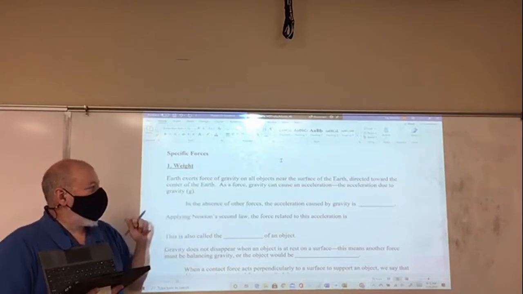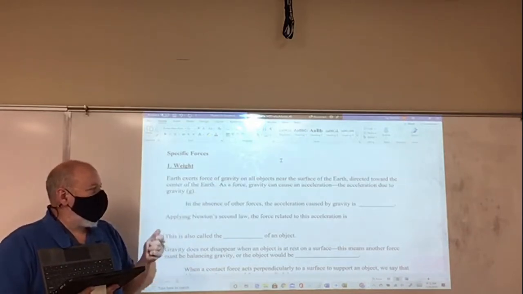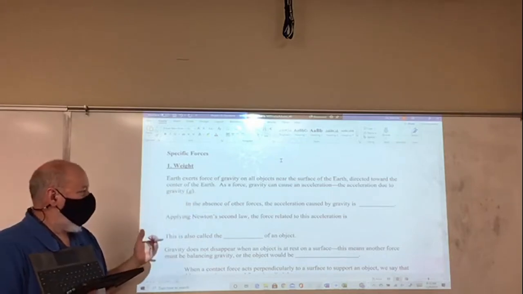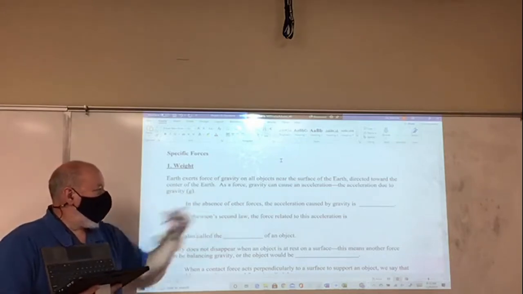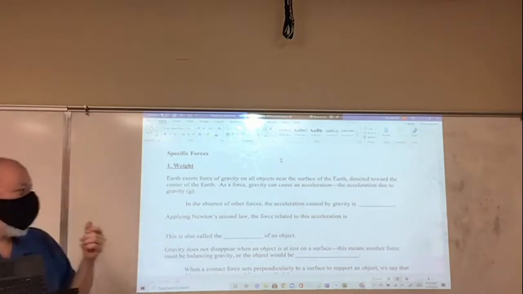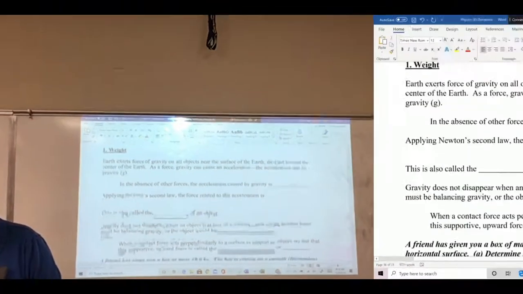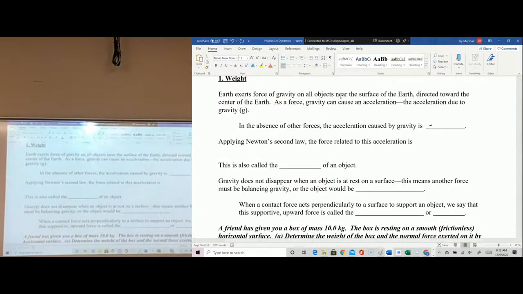And as a force, gravity can cause an acceleration, the acceleration due to gravity. And we're already aware that in the absence of other forces, the acceleration caused by gravity is how much? Negative 9.8 meters per second squared.